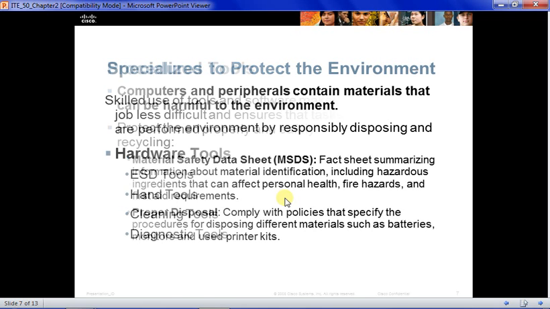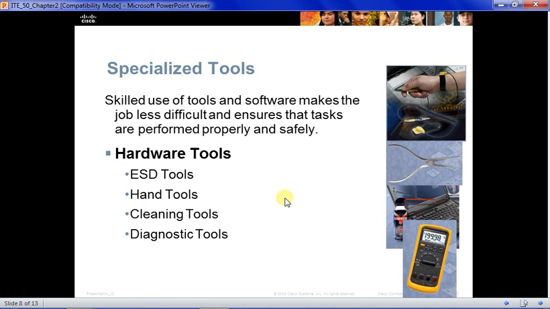When we are working with our computers, we use specialized tools, and these tools are of 4 types. There are ESD tools, to protect the computer from static electricity. There are hand tools, so that we can either remove parts or add parts to the computer. We have cleaning tools to keep the dust and dirt away from our computer. And then we have diagnostic tools that help us see if the computer is running properly.